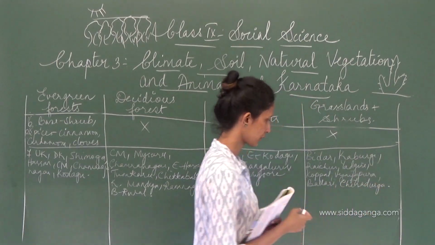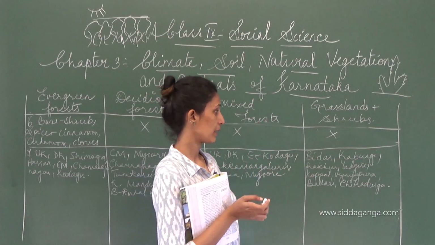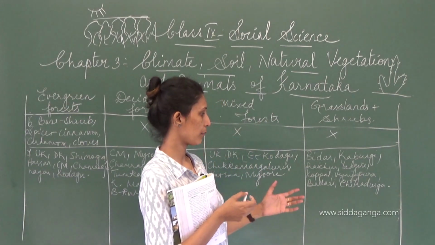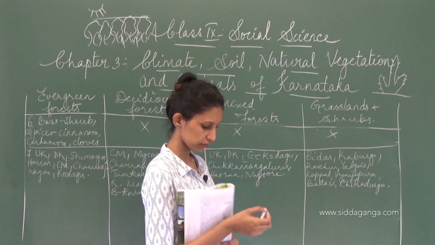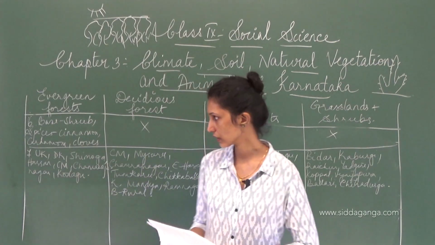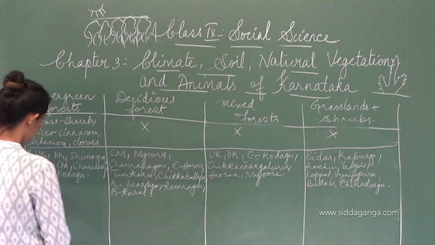Because those areas are dry. Bidar, Kalburgi, Raichur, Yadgiri, Koppal, Vijayapura, Ballari and Chitradurga. So that becomes the 7th point. We will go to the 8th point.